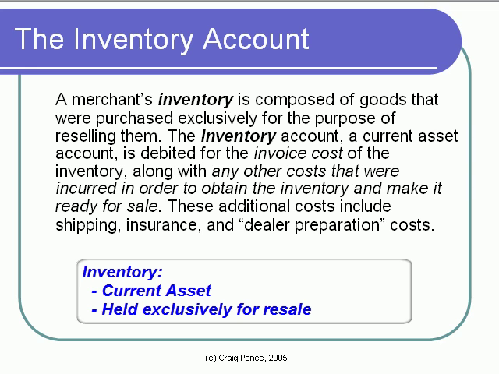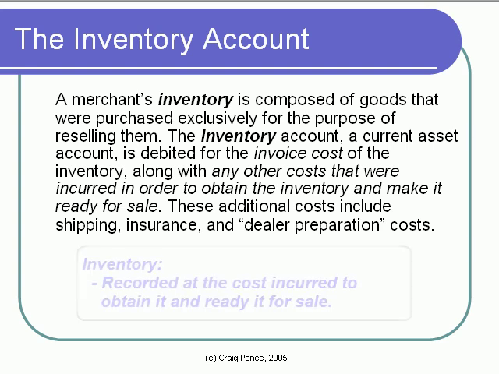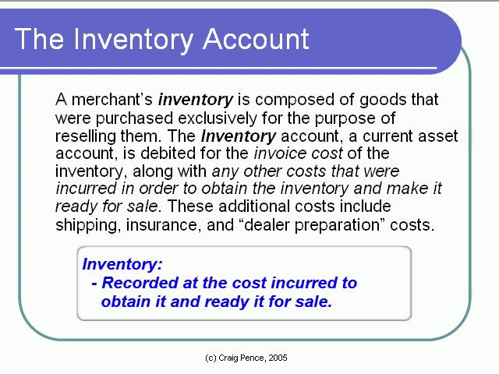Well, we now understand that inventory is a current asset that is held exclusively for resale. But we have two big questions that we want to answer concerning inventory. What costs can be included as part of the cost of the inventory account balance? And when is it that inventory should be recorded?